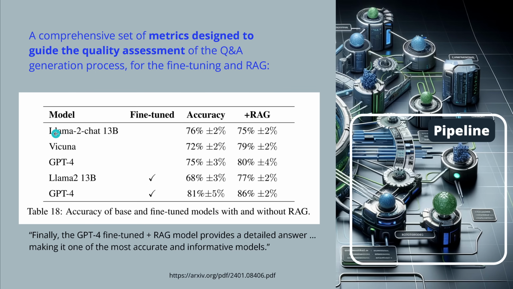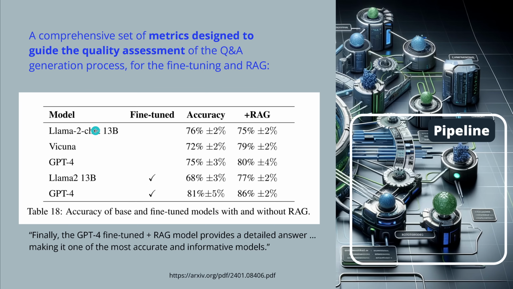Now, the Llama 2 Chat 13B, not fine-tuned, had, for a specific test, an accuracy of 76%. If they added an additional RAG, ICL RAG, they dropped from 76 to 75, plus or minus 2 error bar, so they stayed about the same. So RAG brought nothing to the Llama 2.